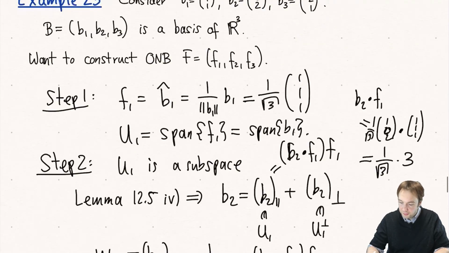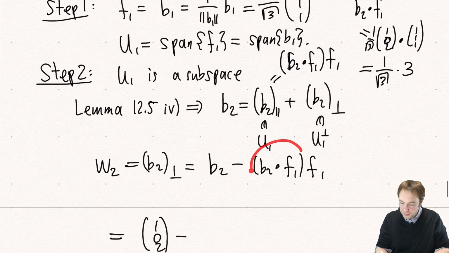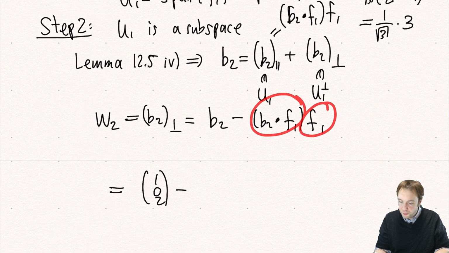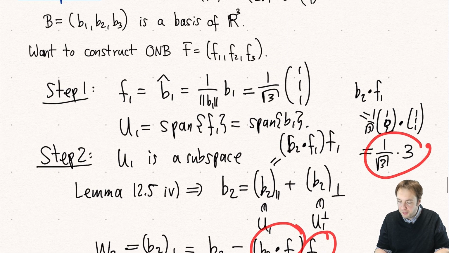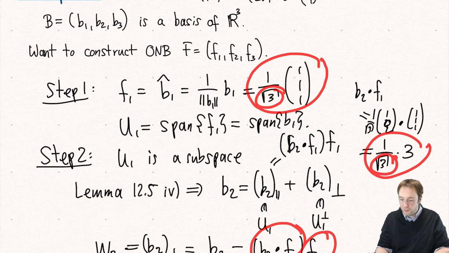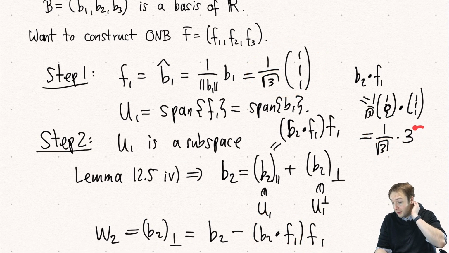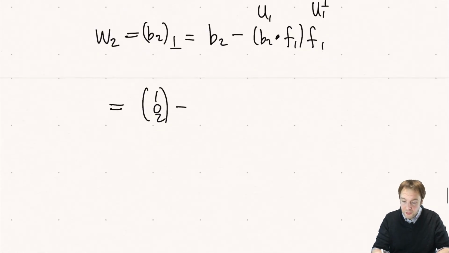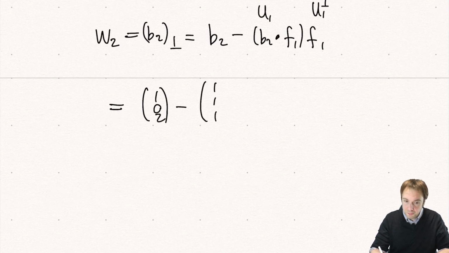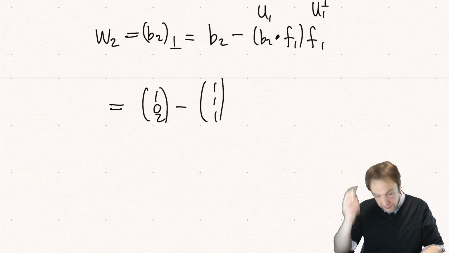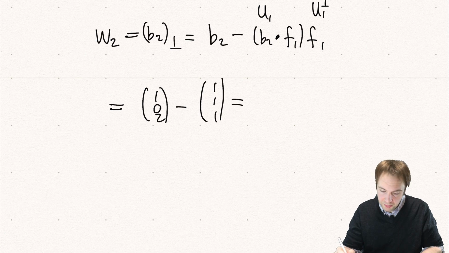And this is this term here. Now we want to multiply this number with F1. So we see here 1 over square root of 3 times 1 over square root of 3 gives 1 over 3, and then this 3 cancels out. So this here is just 1, 1, 1. If we subtract this, we get 0, minus 1, 1.